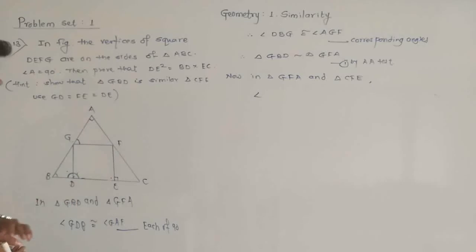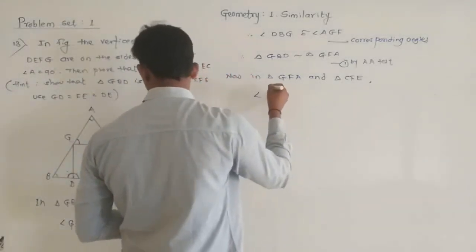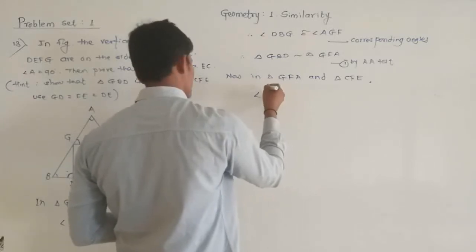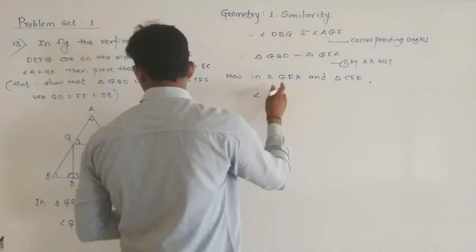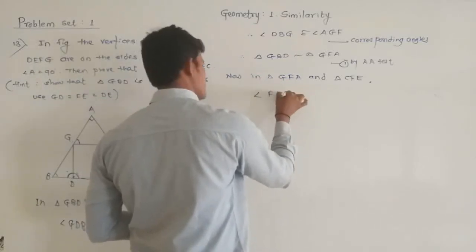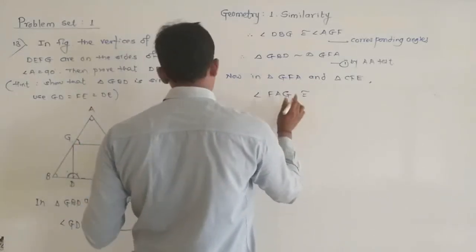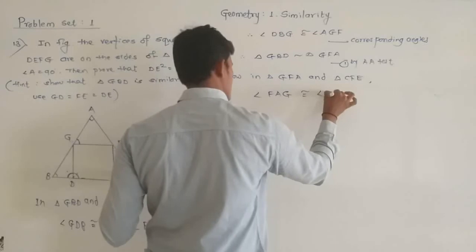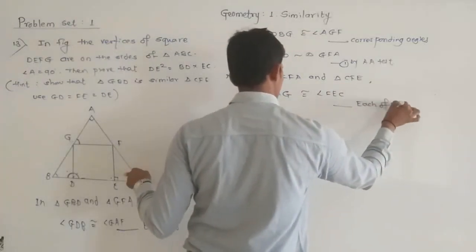Each is of measure 90 degrees. So angle FAG is congruent to angle FEC, each of measure 90 degrees.